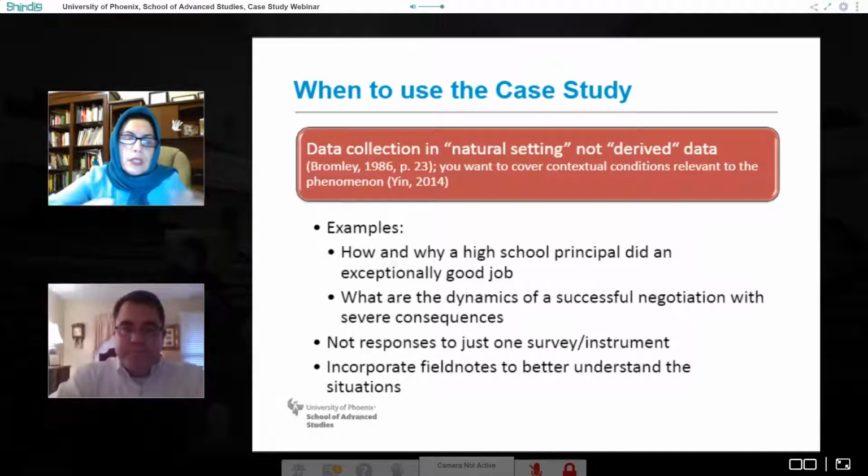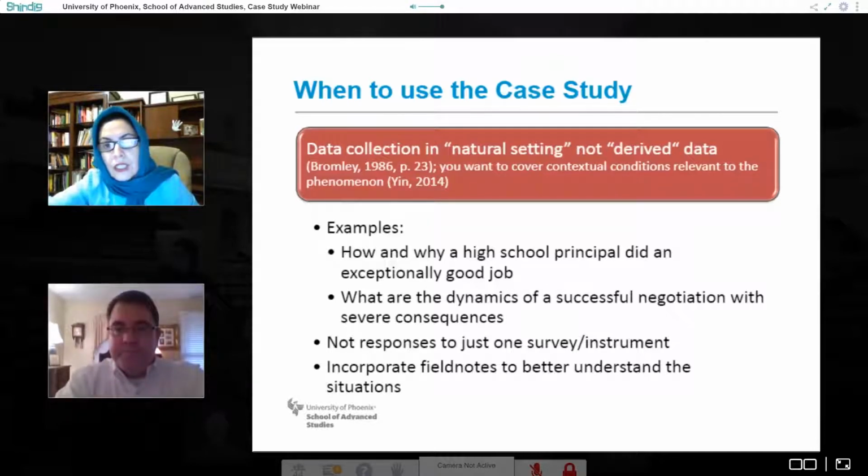So when I say natural setting, it means the data should not be sent episodically as one set of data. We have to have a lot of interaction and data sources from the setting. So if you are going to use the case study, keep in mind that you have to be able to collect at least 3 sources of data.